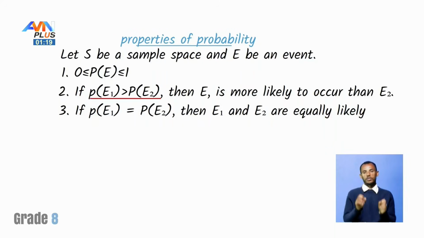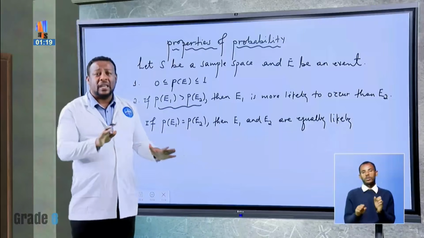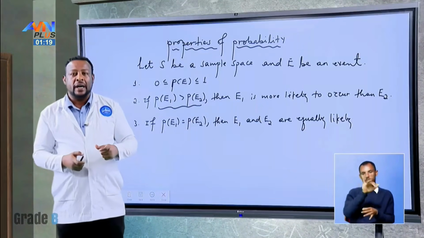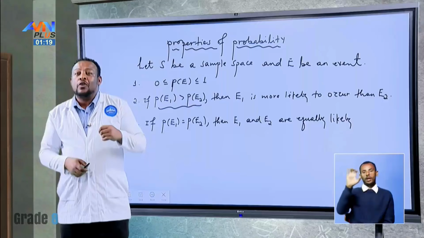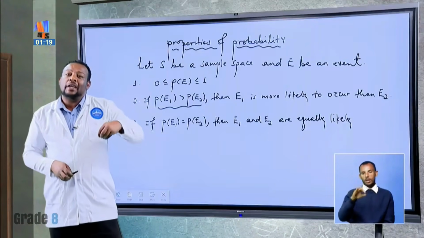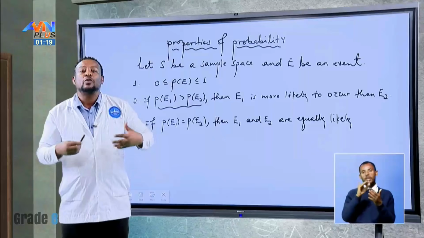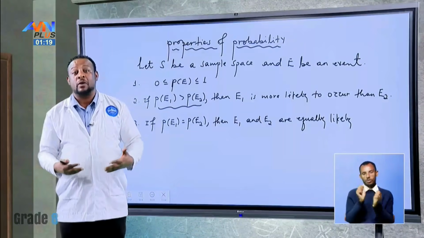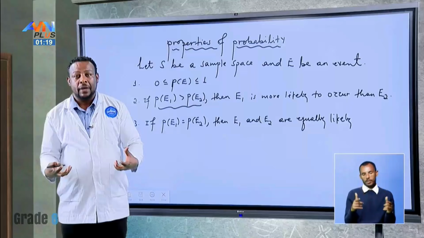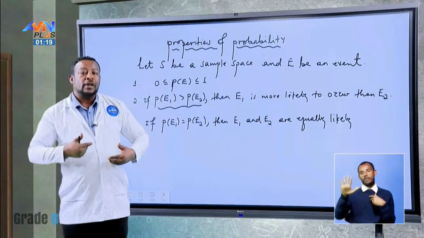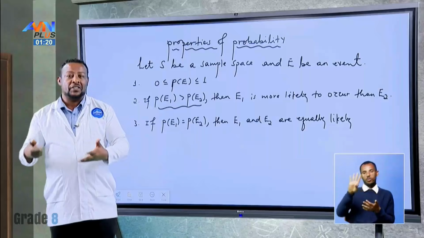Okay, so for example, you can take an experiment like throwing a die. In throwing a die, obtaining an odd number and obtaining an even number are equally likely, because both events have an equal number of chances. Okay, for odd you have 1, 3, 5. For even you have 2, 4, 6.